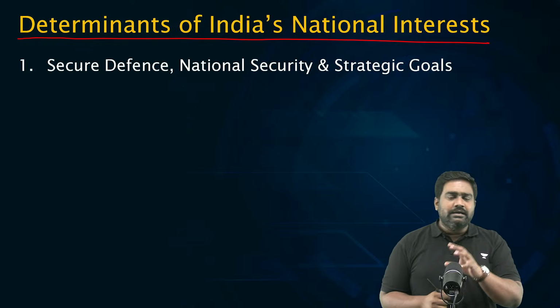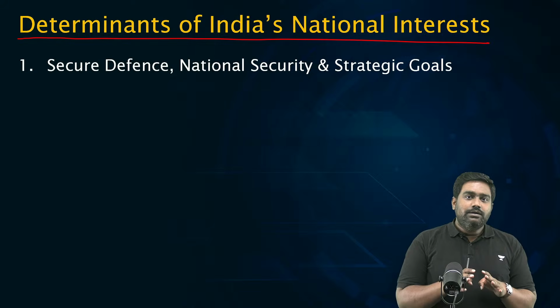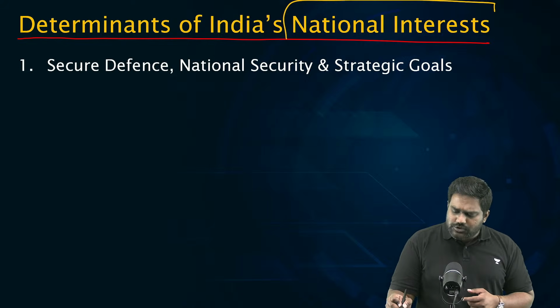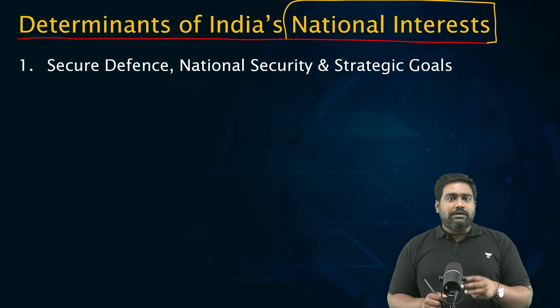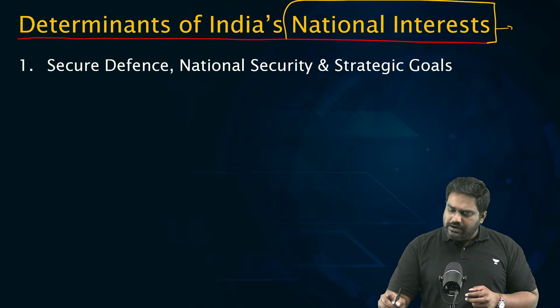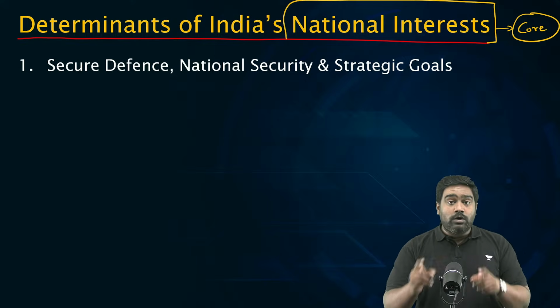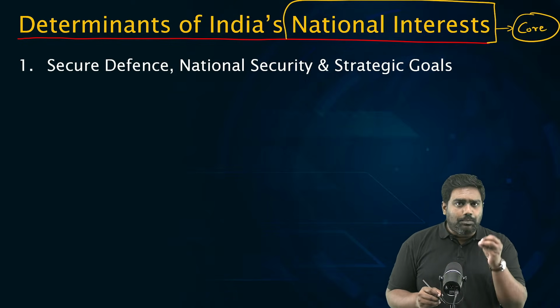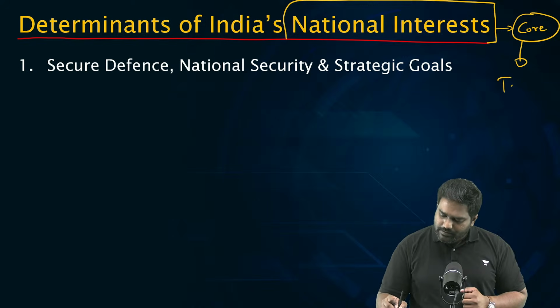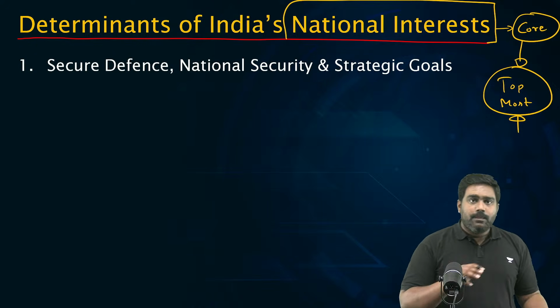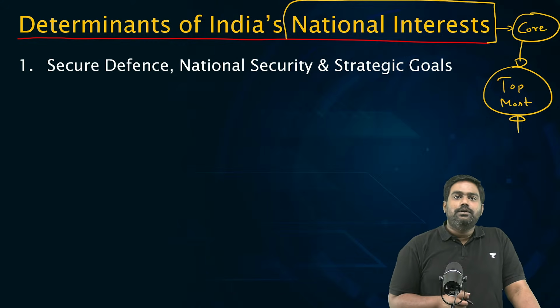What do you mean by the interests of a nation? The interests of a country could be almost anything. But when we say national interests, we are referring to the core interests of the nation, the topmost priority. Those issues which really matter to our nation.